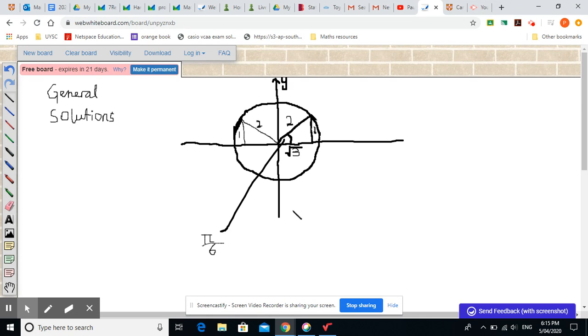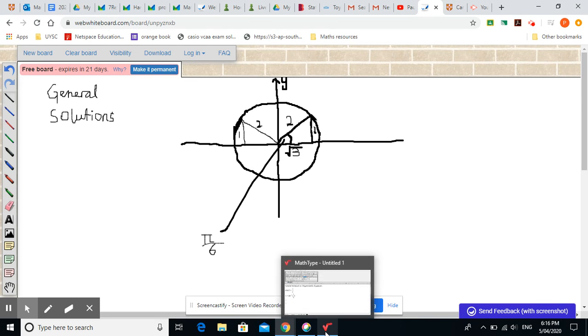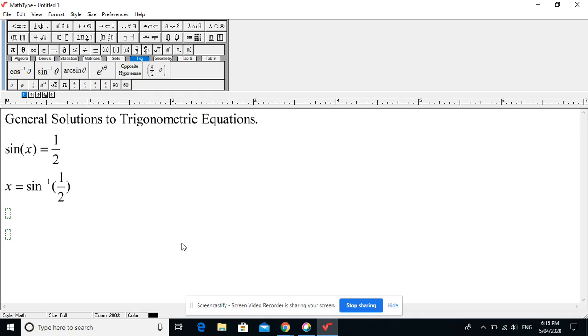So we're going to think about what this means for our general solution. Let me go back to my original. So x equals pi on 6. Bear with me while I use the software. That's one solution. Now, what is our next solution?